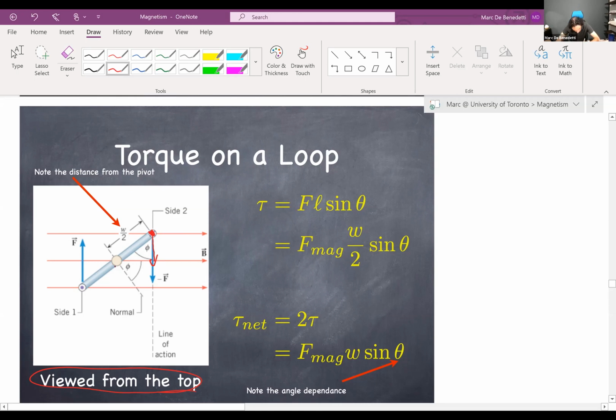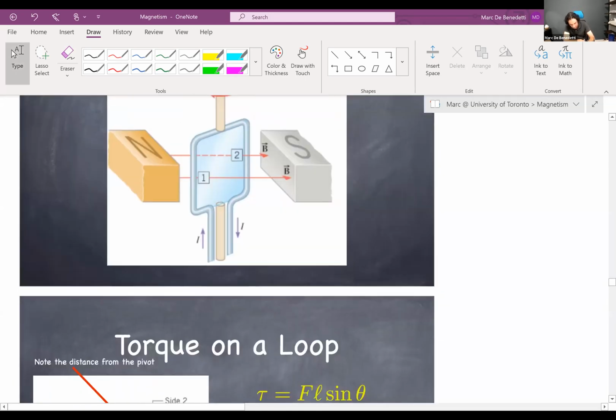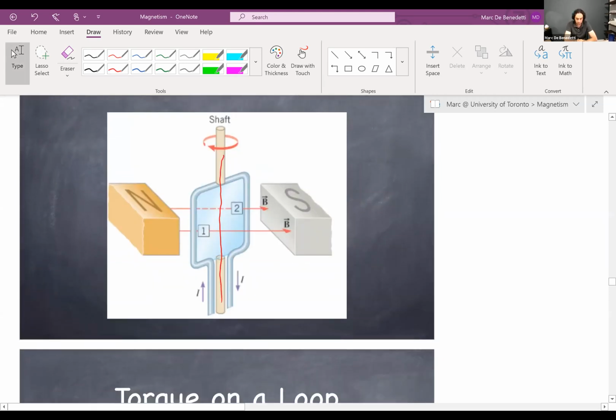Now the loop is pivoting at the center, at the pivot point. If I just scroll up, here's the pivot point. That's the shaft, so to speak. So what we've done here is we've said there is a force this way.